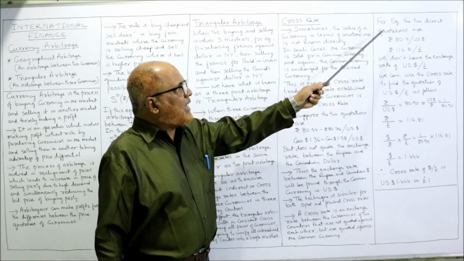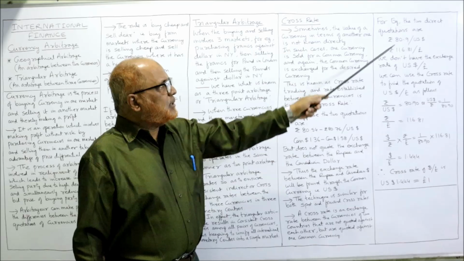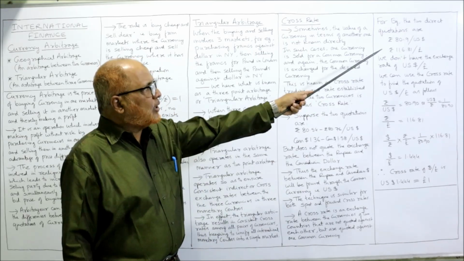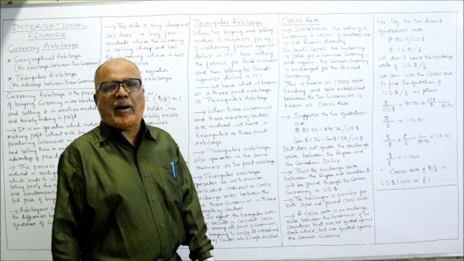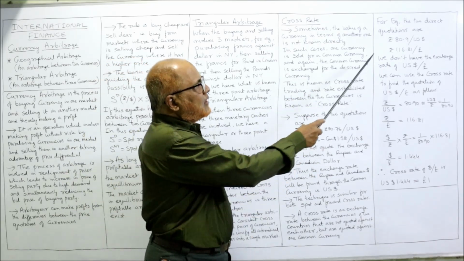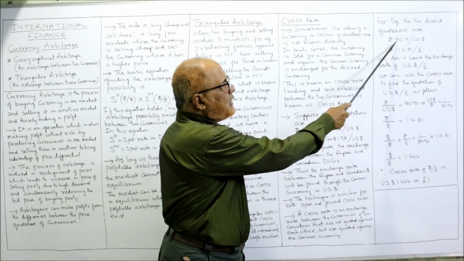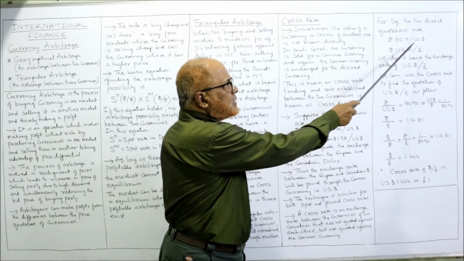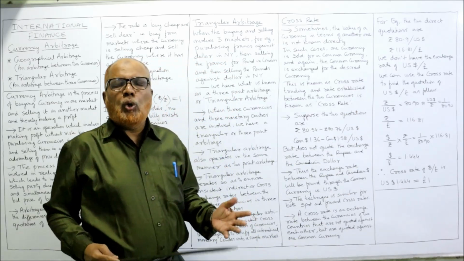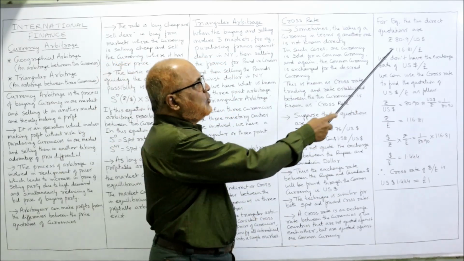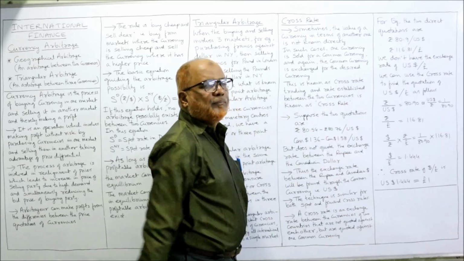For example, the two direct quotations are rupees 80.9 per US dollar and rupees 116.81 per pound. So here you can see the common currency is rupees, whereas the other currencies are US dollar and pound. We don't have the quotation for US dollar per pound.